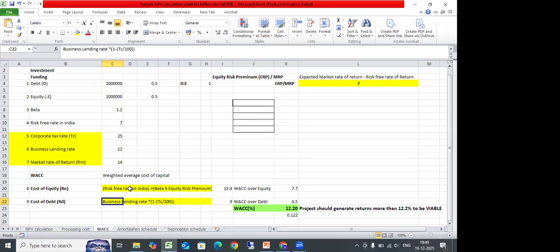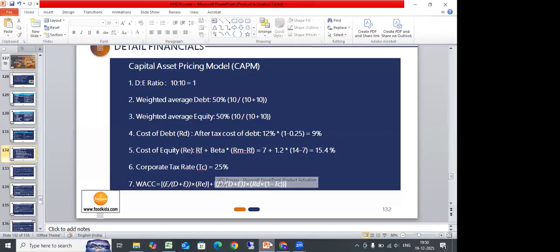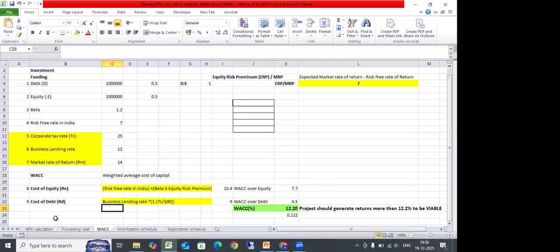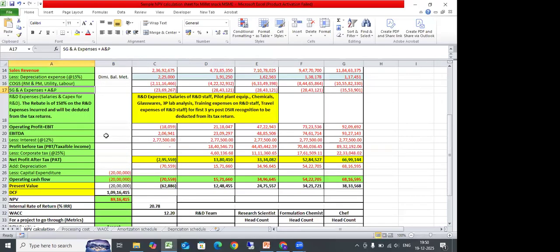Corporate tax rate we have taken as TC here, 25%. It is the tax which the government will charge from your business operations for the financial year, at 25% on your taxable income.